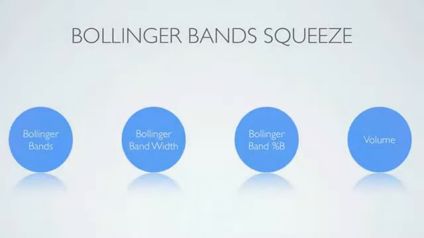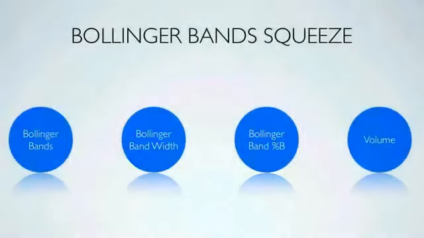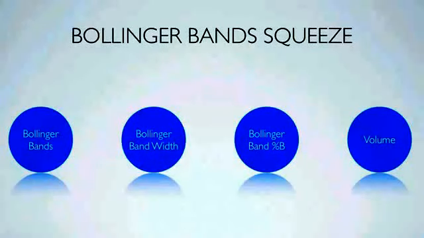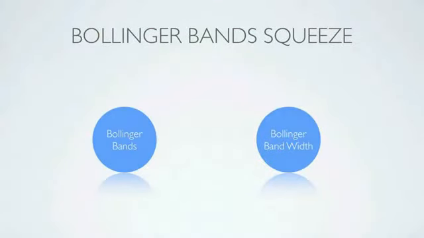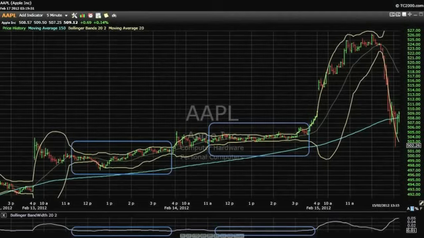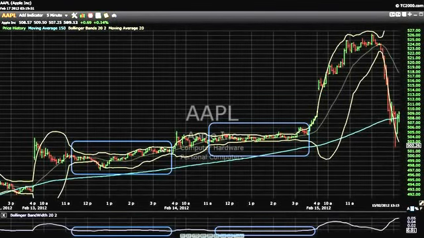The Bollinger Band squeeze has 4 components, and we will break these components down. The first would be the Bollinger Band and the Bollinger Band width. You can see here that the Bollinger Bands have contracted here and here. We can also see the Bollinger Band width is relatively flat, but it's not necessarily important to be flat, just a low reading, and you can see it has a low reading compared to, for example, this one.